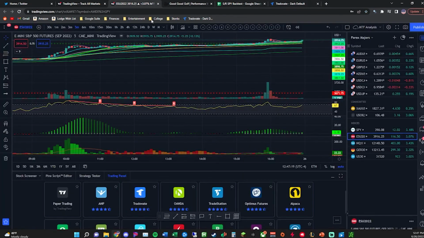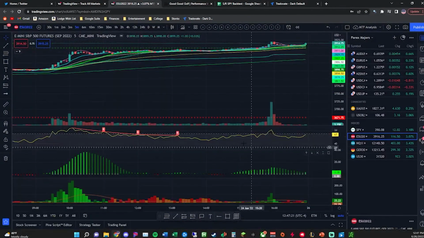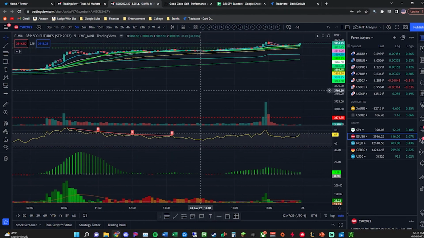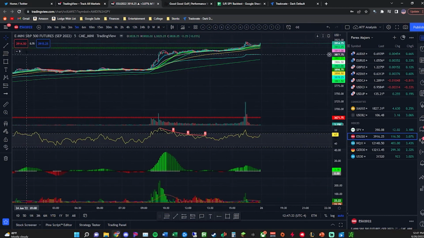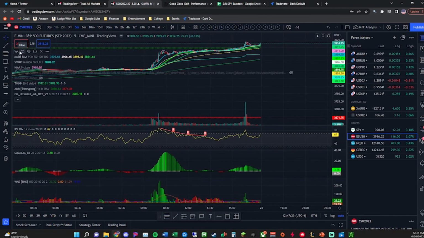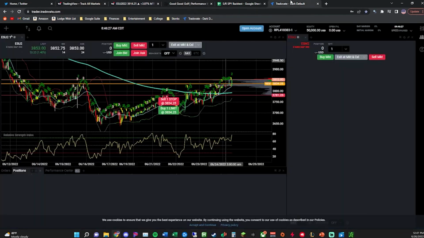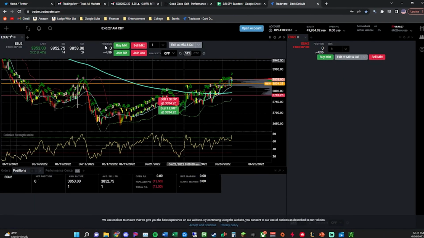Same thing with TradingView. I'm not sure if you guys already have an intro to TradingView video or anything like that yet, but I primarily use TradingView. Well, I use TradingView for everything except for entering and exiting. So what I do is I just chart, come over here and buy or sell.